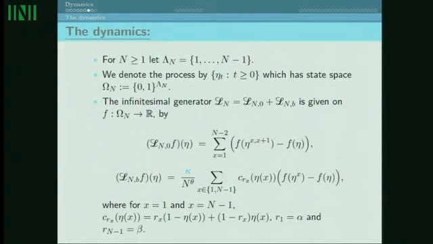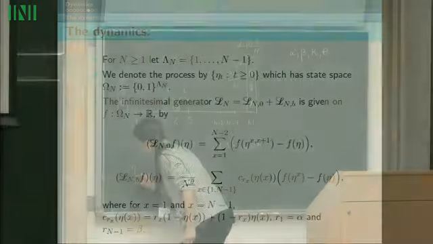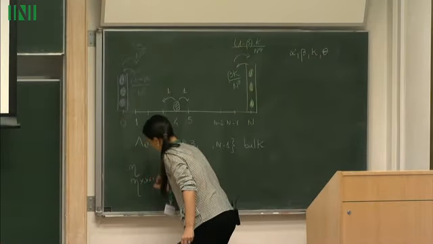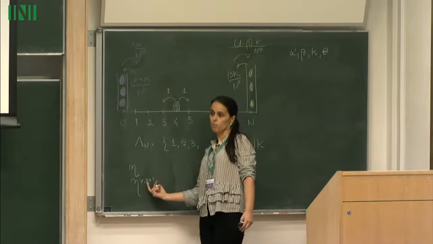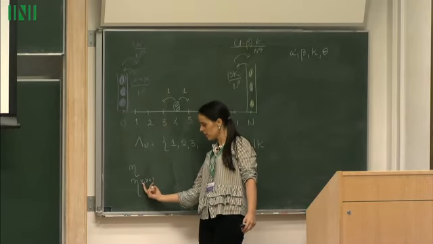So I take a function f, a function of the dynamics, and this configuration here, eta x, x plus 1, is the following. If I have a configuration eta, the configuration eta x, x plus 1 is just swapping the value of the configuration at the points x and x plus 1.